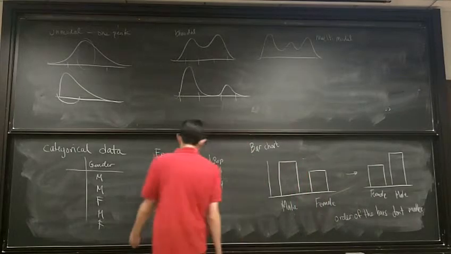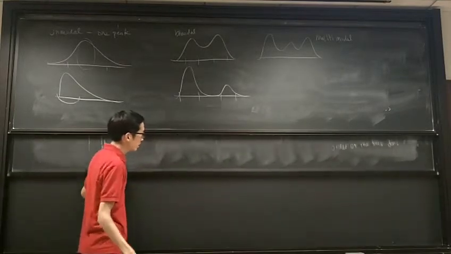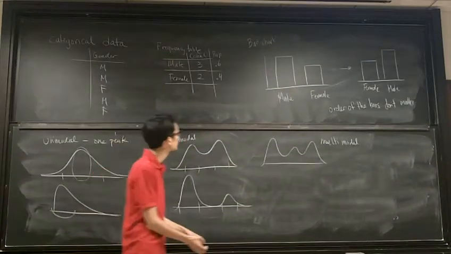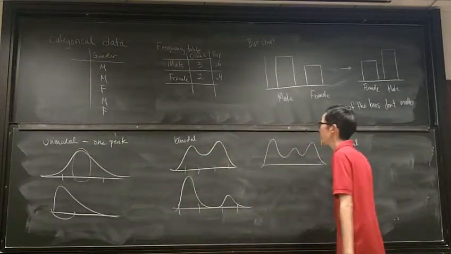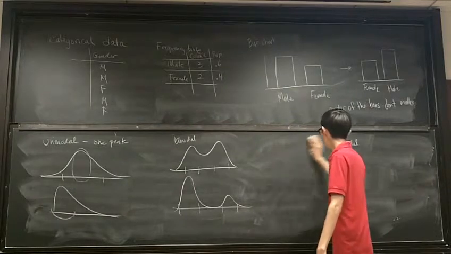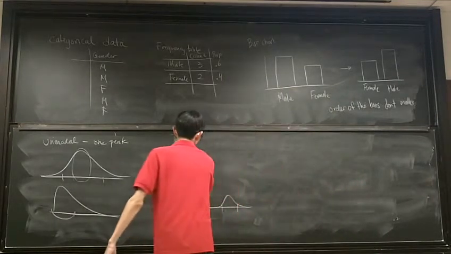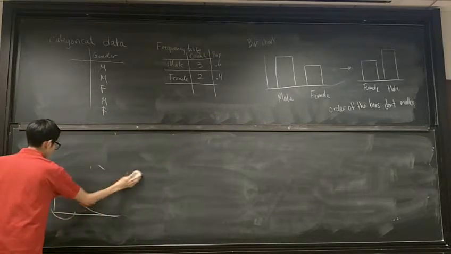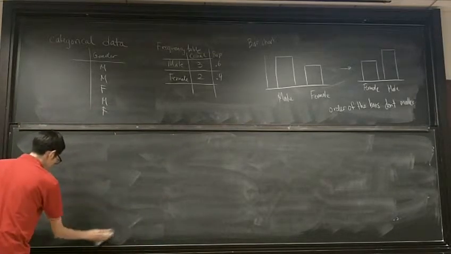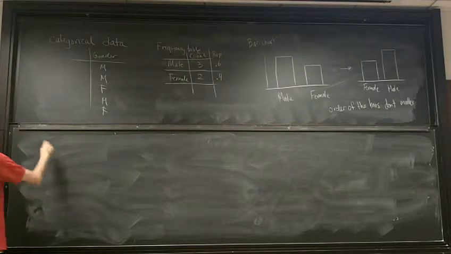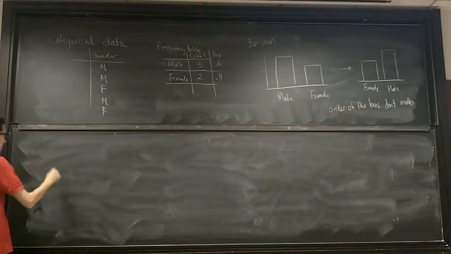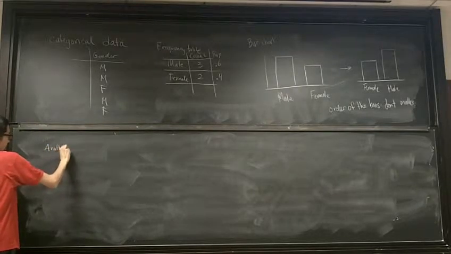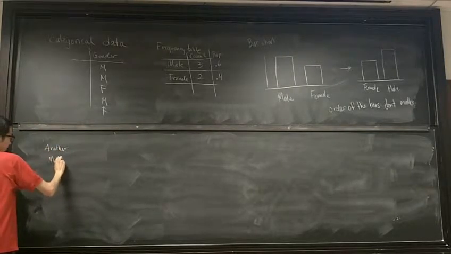Okay, so imagine, this is one class where I had 3 males and 2 females, and that was the bar chart, okay? Now let's just imagine I went to another classroom, another class, and I said male versus female.